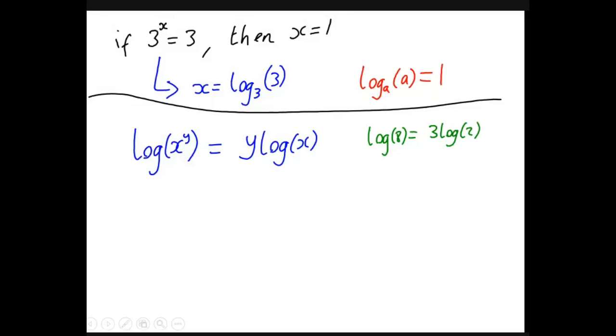Indeed. And that's how it sort of goes. Yeah, that's exactly it. Because 8 can be expressed as 2 to the power of 3, that power comes down in front.